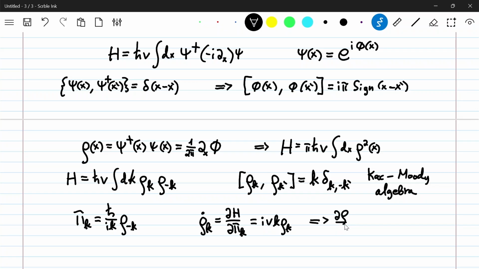So d rho dt is minus dx of j, where j is a current operator, which you can rewrite as v times rho.